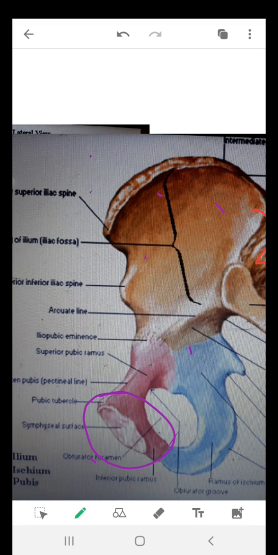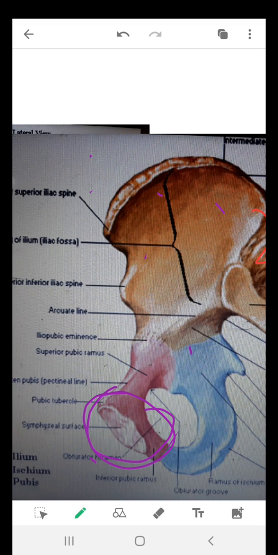So each of these pubic bones has a symphysial surface. This symphysial surface will join with another symphysial surface of another pubic bone to form the pubic symphysis, which is an important joint located anteriorly.